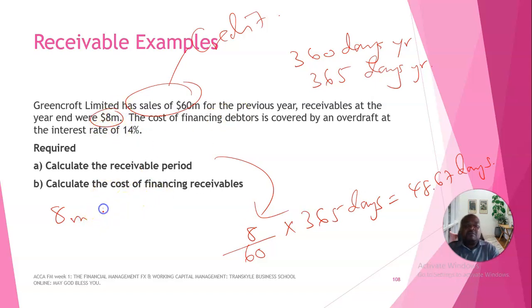Sometimes you'll be required to compute the average receivables, which means you need to use the opening receivables plus the closing receivables divided by 2 as the average. Right. So in this case, we have 8 million multiplied by 14%, and this should give us 1.12 million. And you're done. It's very simple, isn't it? Thank you. See you in another example again.